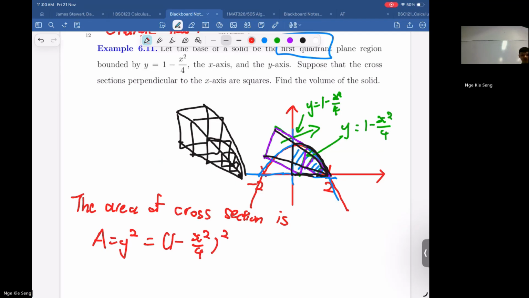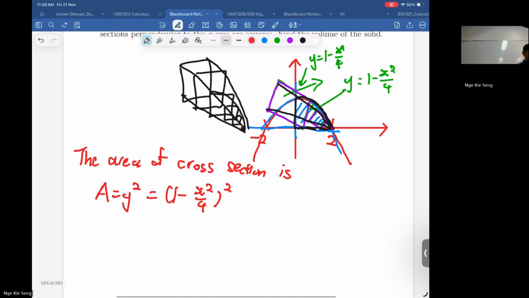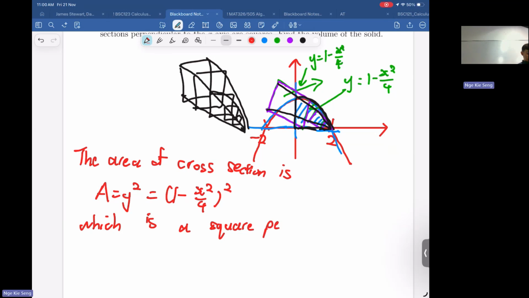So this is a square perpendicular to the axis.